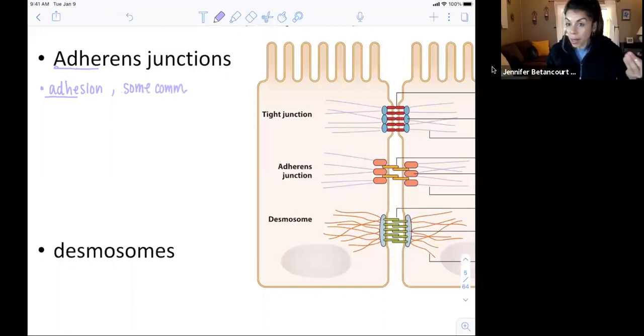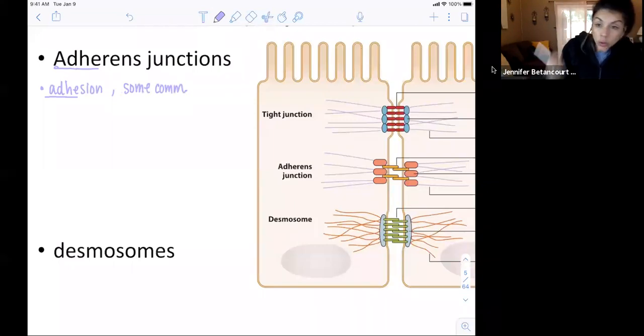If there's some communicating happening between these two cells, that means some molecules, probably tiny ones, can get through from one cell to the next. And no, adherens is not the same as gap. Some can get from one cell to the next, so we say that it is a semi-permeable barrier.